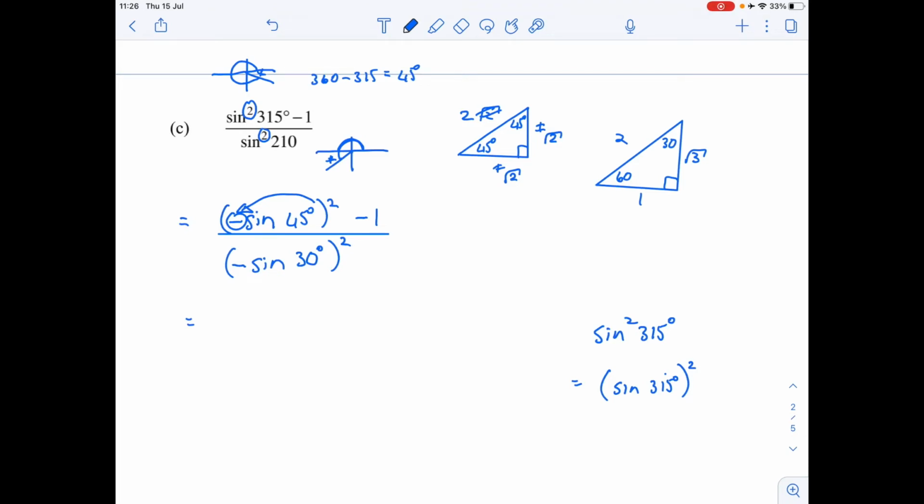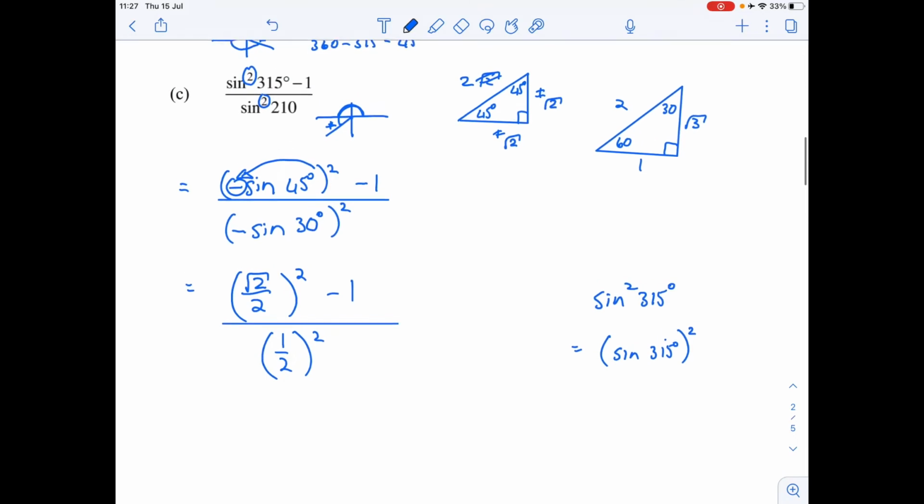Now it's going to be root 2 over 2 squared minus 1. Denominator sine of 30. Sine of 30 is going to be a half, squared. I'm just ignoring the minuses because when you square them they fall away.